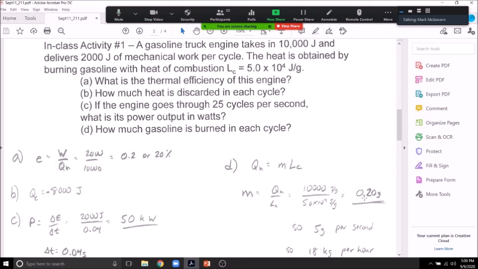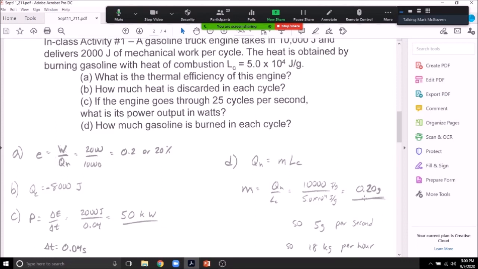In fact, you really start with the heat of combustion. 0.2 grams are being combusted, and when you multiply that by the latent heat of vaporization for this gasoline, that's how we get to 10,000. And so now remember, that's one cycle, but this happens 25 times per second.